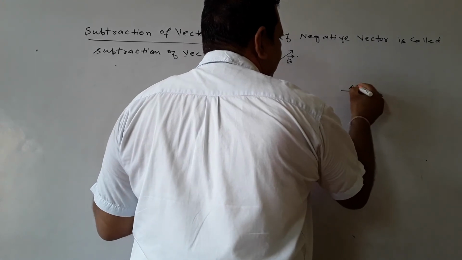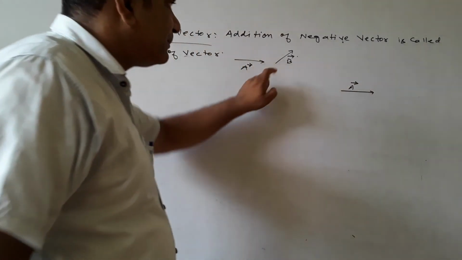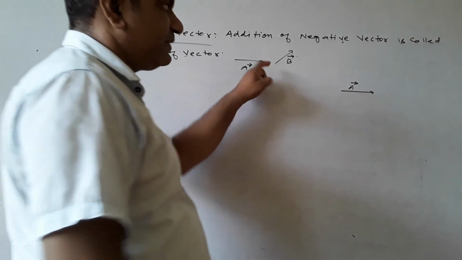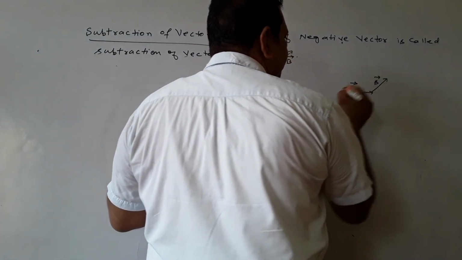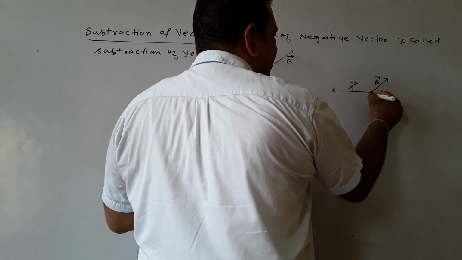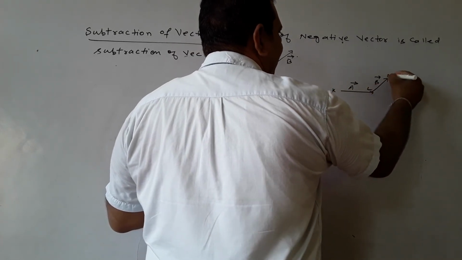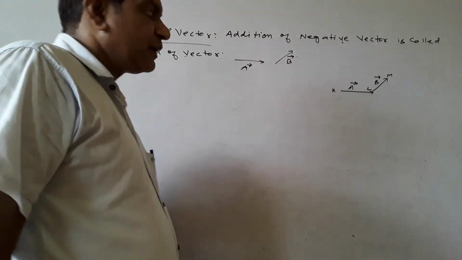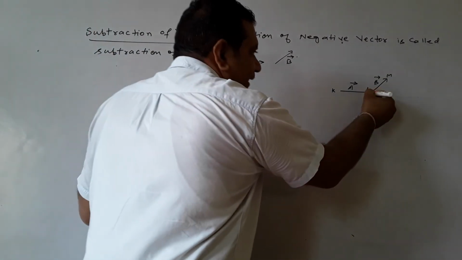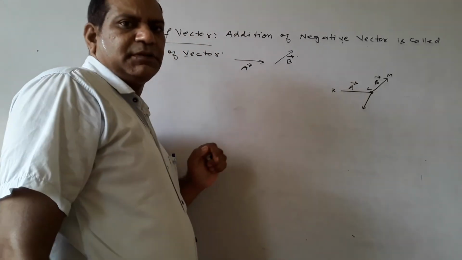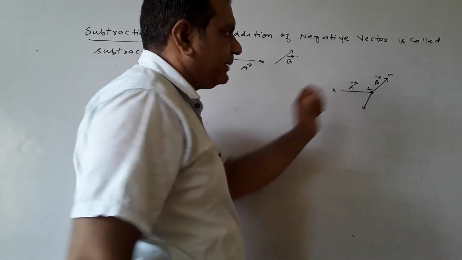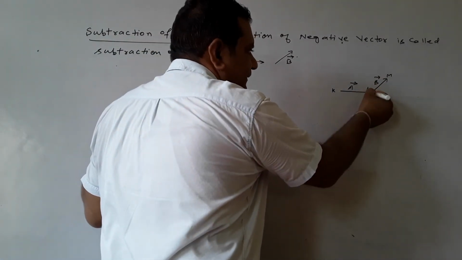Here this is vector A. Superimpose the tail of the second vector with the head of the first vector. So this is vector B here. Let this be KL and this be LN. Now produce LP opposite to the direction of vector B like this.